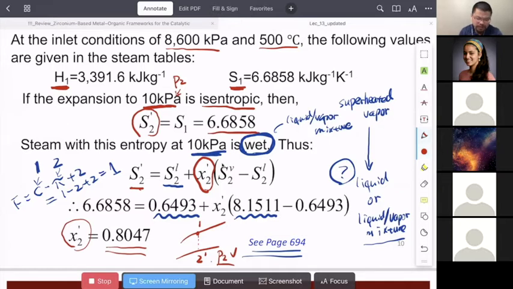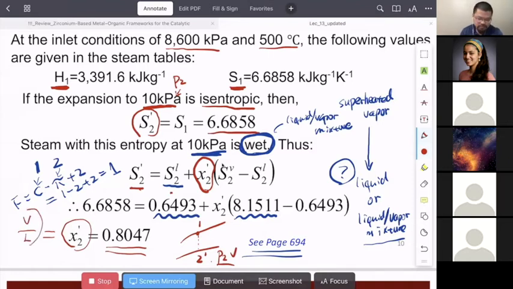So x2 is expressed so that if x2 goes to 0, then we only have liquid, right? If x2 goes to 1, then we are going to cancel the liquid. We are going to only have the vapor. So x2 is indeed the ratio between vapor and liquid.